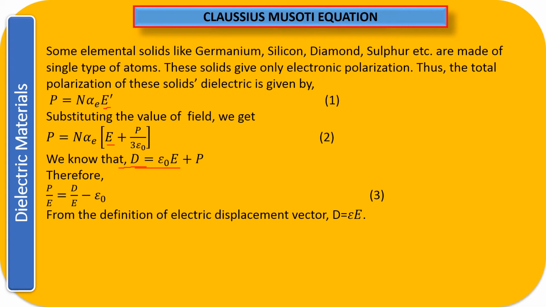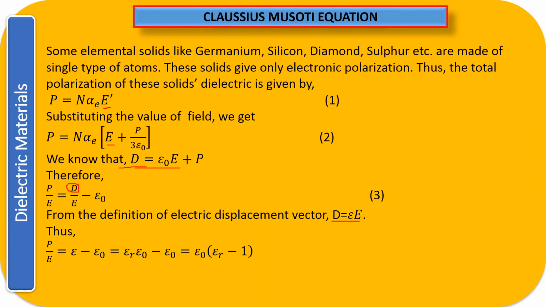From the definition of the electric displacement, we know D is equal to epsilon into E. This is the value of D that we have seen in the Gauss law of electrostatics also, right? So that value of D, I'm going to substitute over here. By substituting, P upon E is equal to epsilon minus epsilon naught.